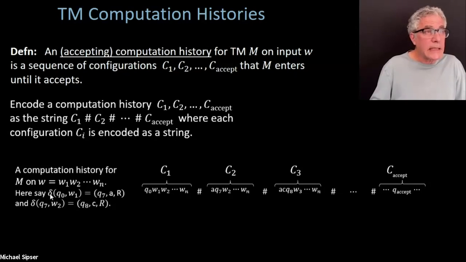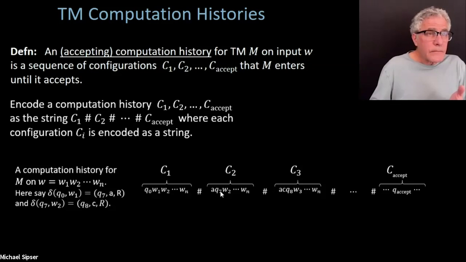So let's say that the Turing machine, when it's in the starting state q0, looking at the very first symbol of the input tape, say w1, goes from q0 to q7 and writes an a on the tape and moves its head to the right. That's why the second configuration reflects that. See here, it went from q0 to q7. Now the head is in the second position, so that's why that state symbol is moved over one.